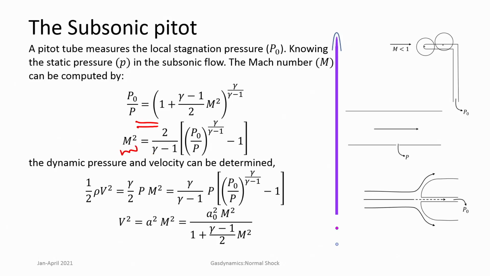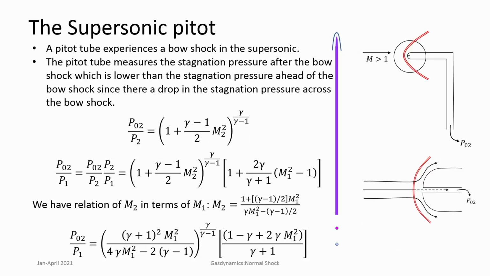Now let us go to the condition where the same device, the Pitot, is used to measure the flow speed or flow velocity. What happens when we put this Pitot inside a supersonic flow?